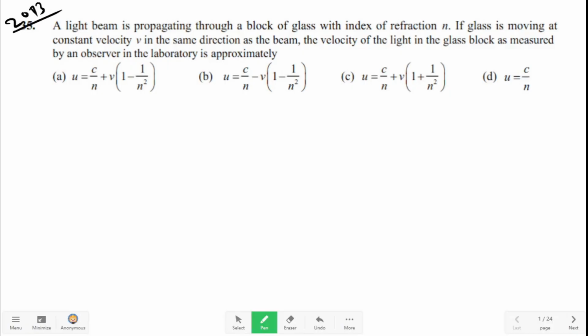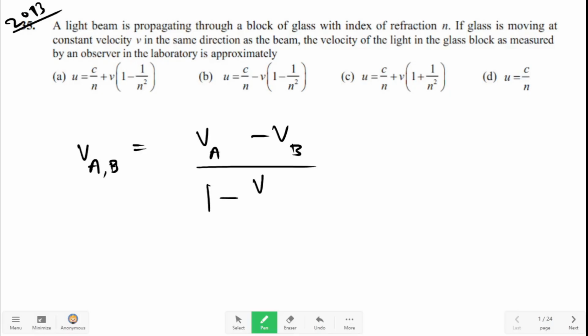Before going into the problem, let us make sure that you remember the relativistic velocity addition formula, which says velocity of A with respect to B is equal to VA minus VB divided by 1 minus VA VB upon c square.